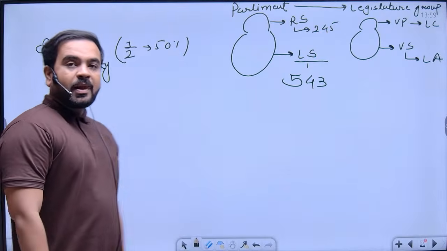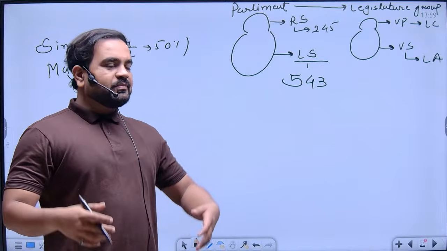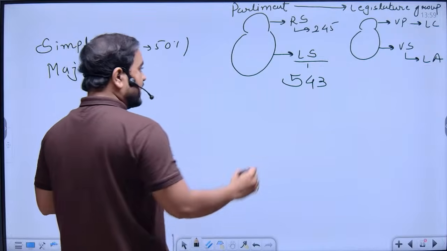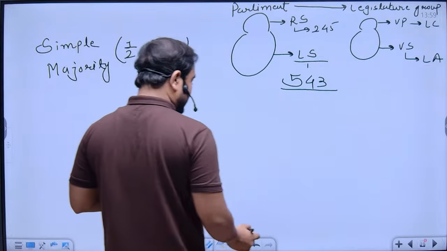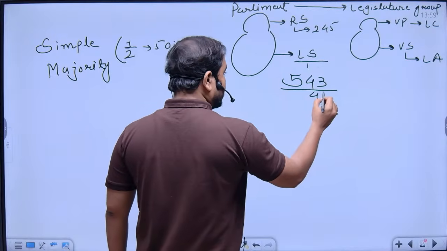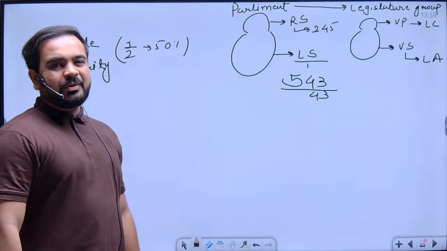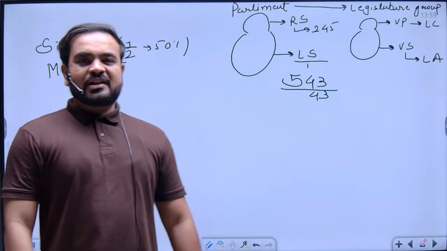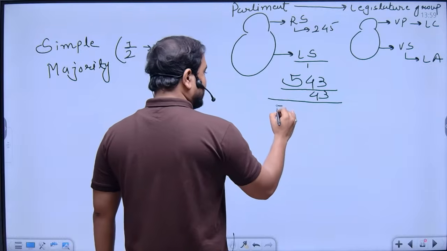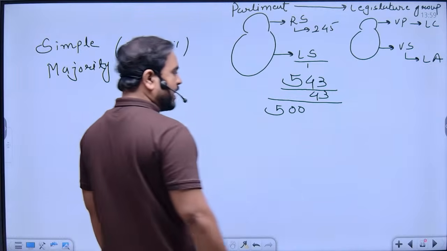So if the legislature wants to pass any bill by simple majority, that means suppose 543 members are there and let's say 43 members are not present. Someone fell sick, someone had a fever, someone went on a trip, someone has a daughter's wedding, 3 members resigned. Suppose that on a particular day the members present and voting are 500.